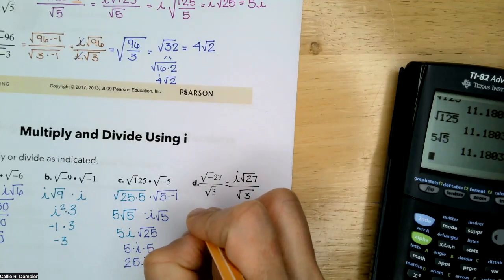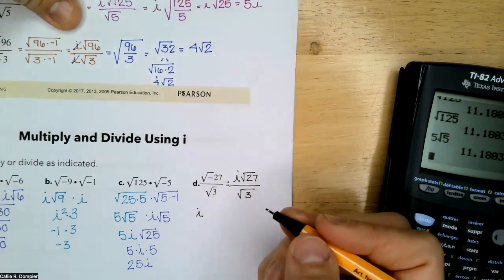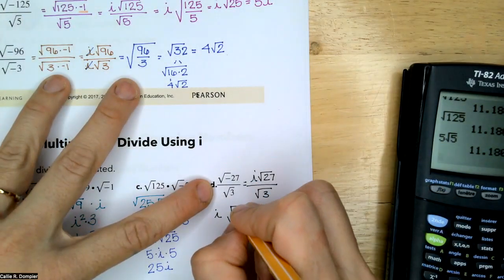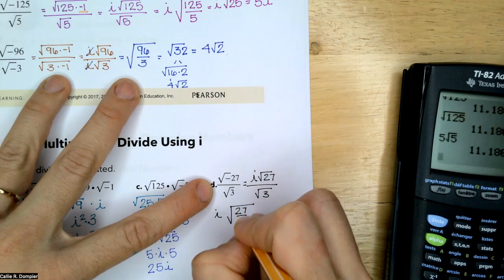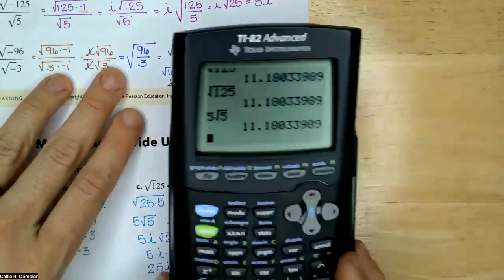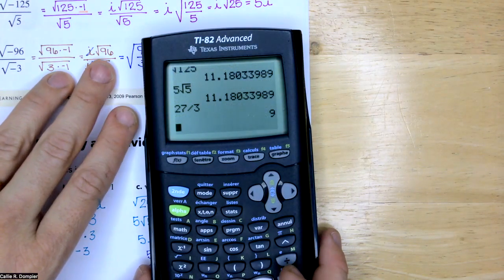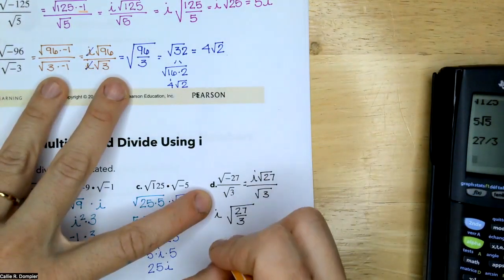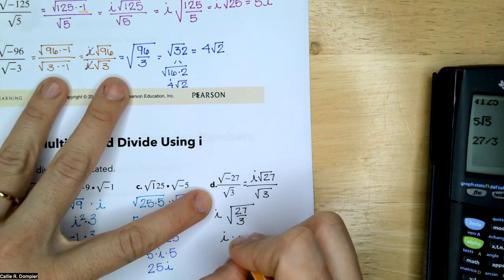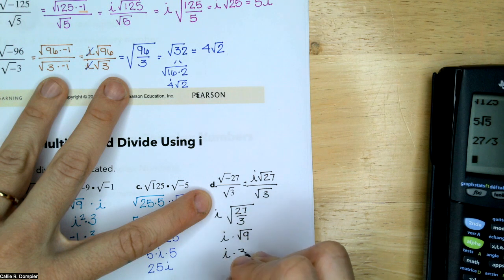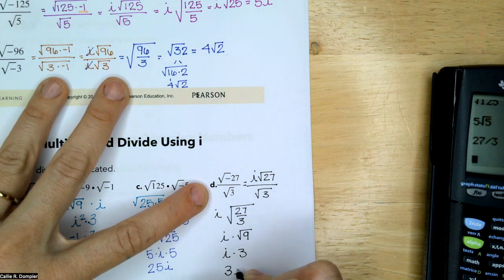So that now becomes i times the square root of 27 over 3. 27 divided by 3. Don't worry about the radical yet. Just simplify under the radical. 27 divided by 3 is 9. So that is now i times the square root of 9. The square root of 9 is 3. So it's i times 3. Just flip it around. It's 3i.